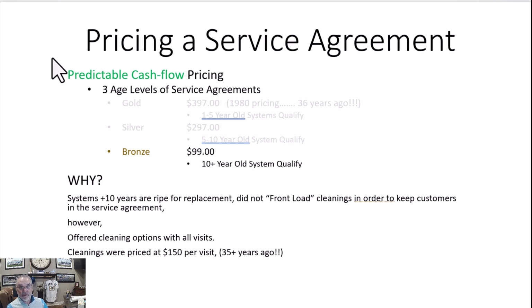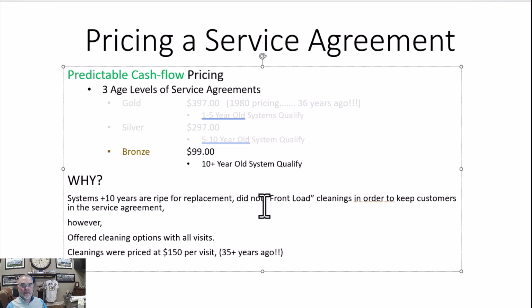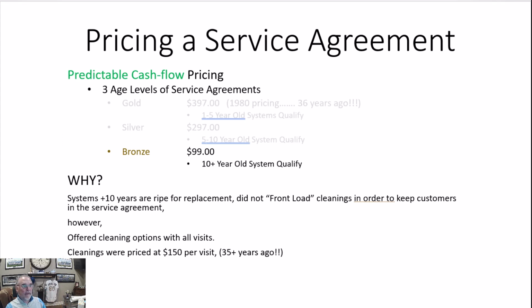That was about 35 years ago. Anyways, cleaning is part of this. So they're gaining $99 for the agreement and $150 for the cleaning for over 10-year-old systems. That's why the price went down for them on that aspect, because they didn't want to lose that customer that had the equipment coming at them.